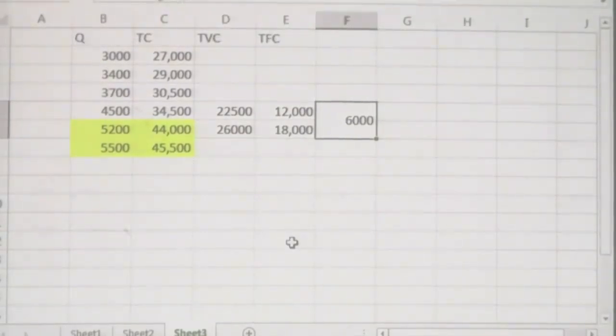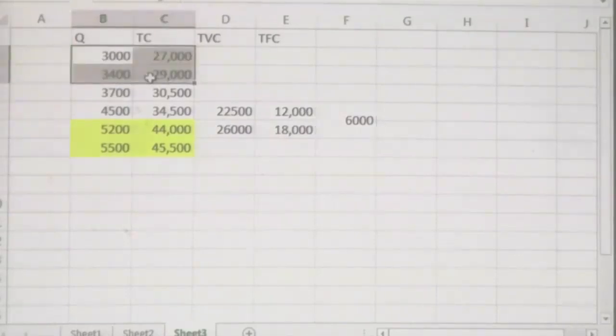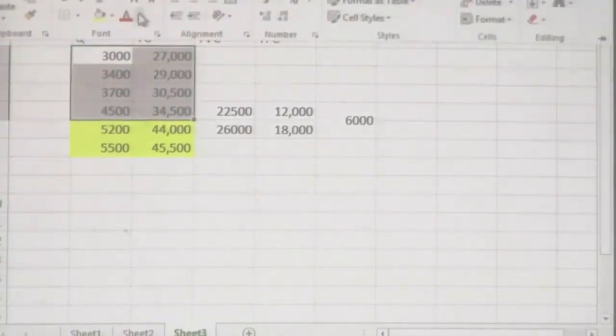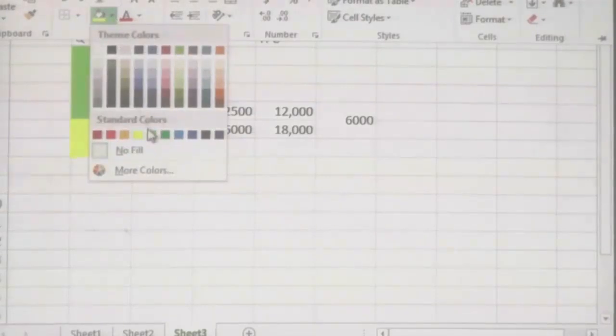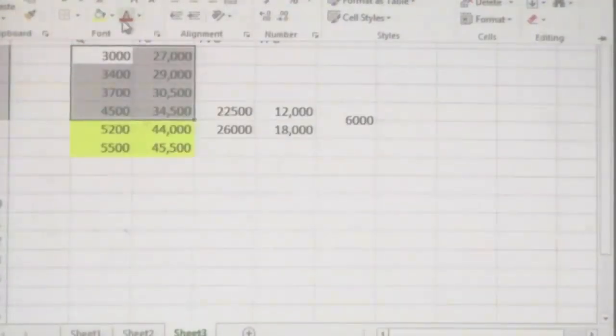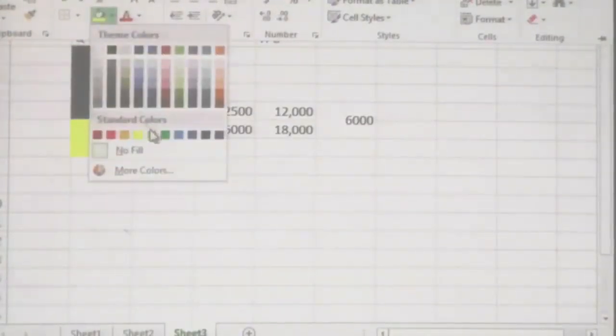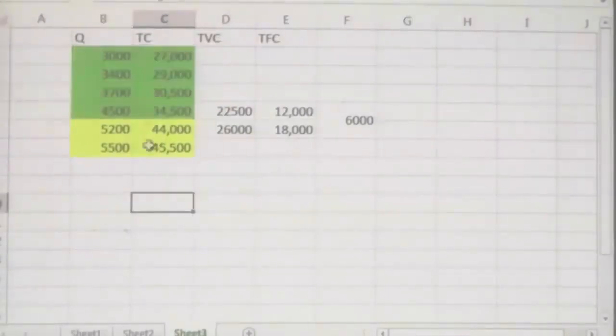Very important point. If examiner asks you to calculate variable cost, select two set of data within one range out of two range. Here I have colored this by, let's say colored by green, right. This is the green range, this is the yellow range.